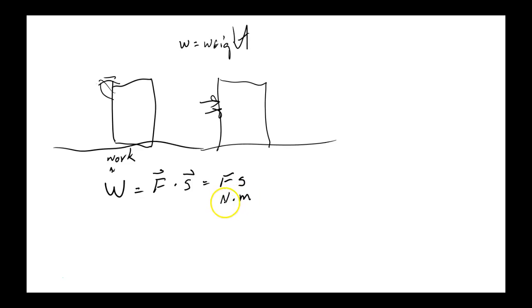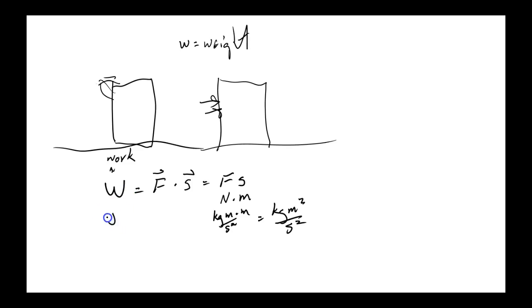You could also call this, because a newton is a kilogram, that's mass, times acceleration, meter per second squared, times meter. This could be a kilogram meter squared per second squared. Those are the fundamental units for work. Kilogram meter squared per second squared, which could be called a newton meter. But, and we'll get to him a little bit later, there was a guy who did a lot of the early work on work, and his name was James Prescott Joule.